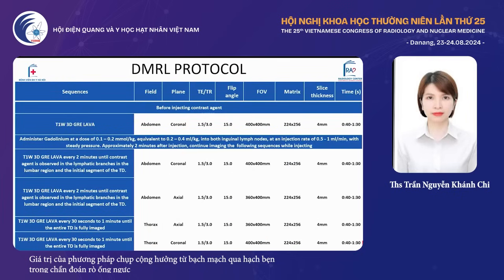This is the dynamic MR lymphangiography protocol at my hospital. We use a T1 weighted 3-dimensional sequence before and after injection of contrast, performed in both axial and coronal planes until the entire thoracic duct is fully imaged.